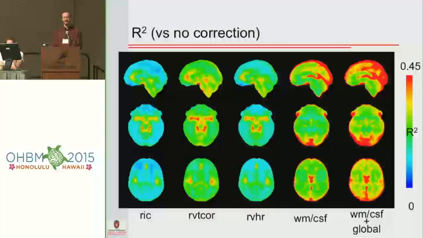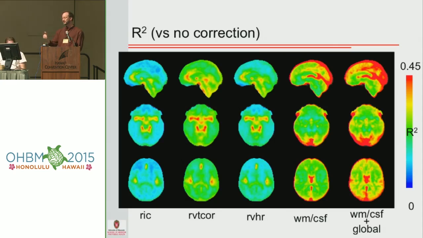These are the areas that show the biggest signal change. This is now just looking at the R squared relative to no correction. The interesting thing I want to point out is that the first three, retro-I-core and RVT-core, basically use the physiological signals. And I should point out RVT-core incorporates retro-I-core, and the same with RVHR-core. You see a lot of variance accounted for in the circle of Willis in these pulsatile areas.